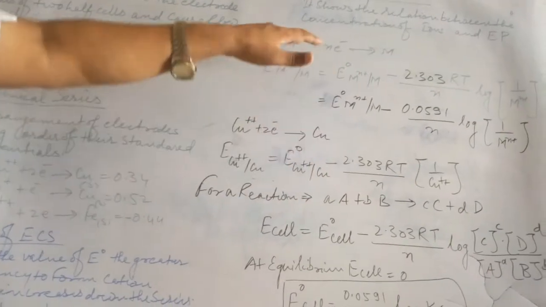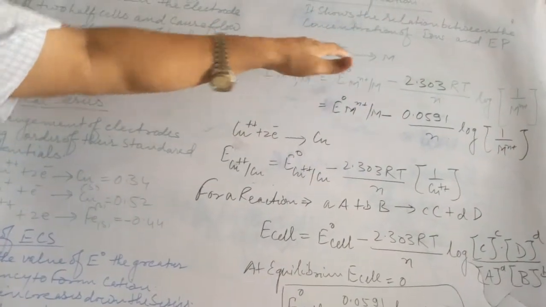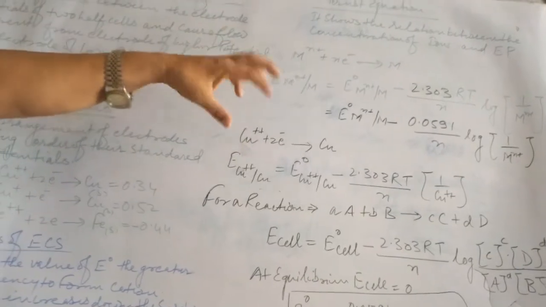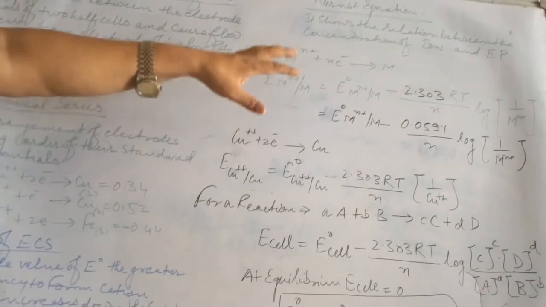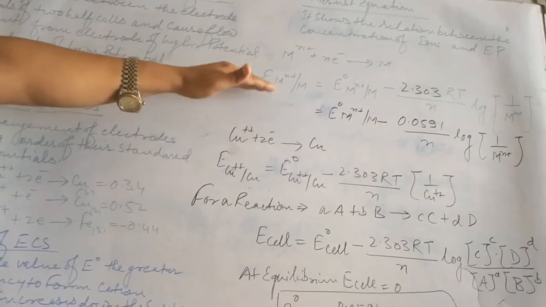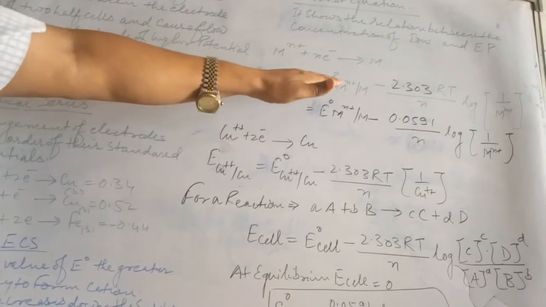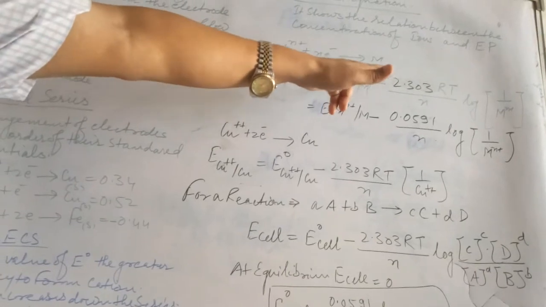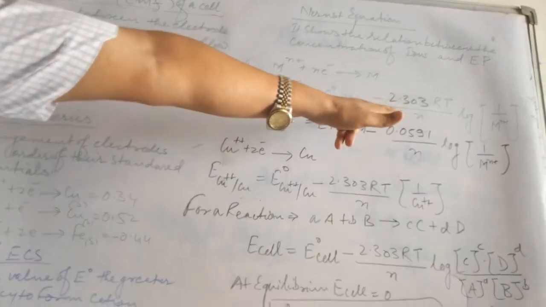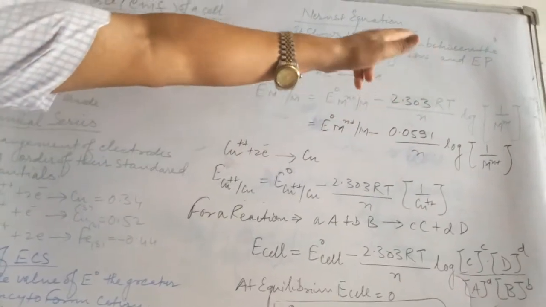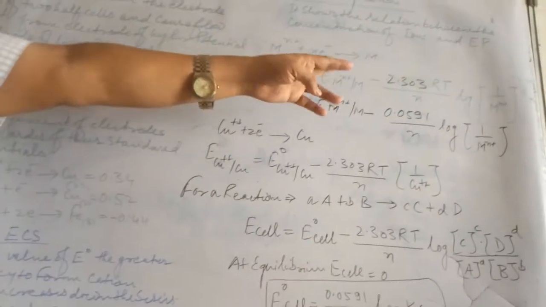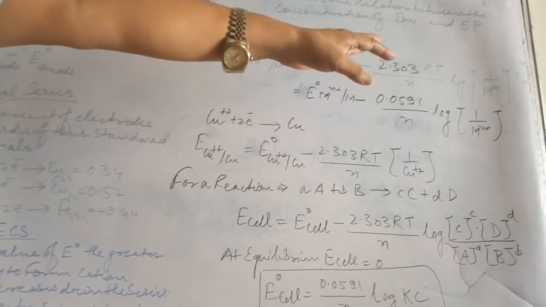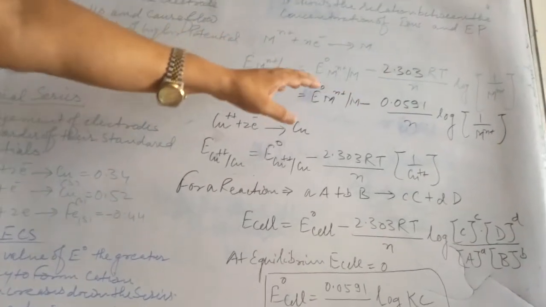The electrode potential of that half cell is the standard electrode potential of that half cell minus 2.303 RT upon n into log 1 upon the molar concentration of the solution. R is the gas constant and T is the room temperature, 298 Kelvin.